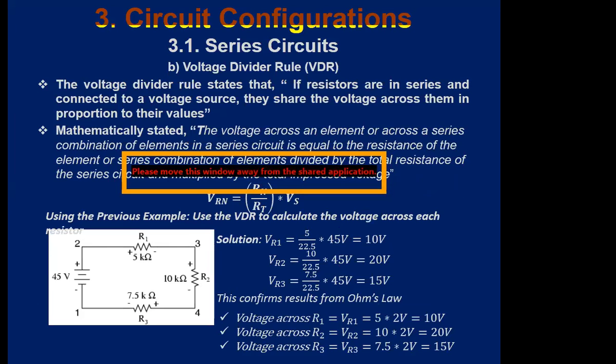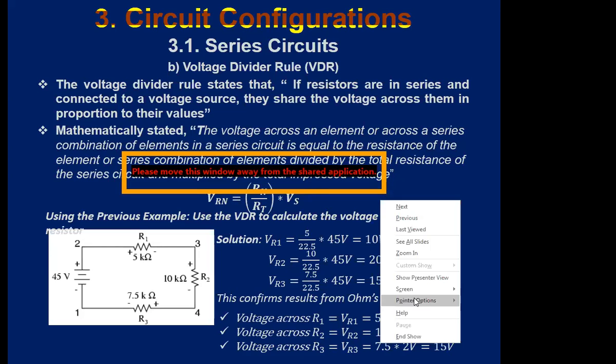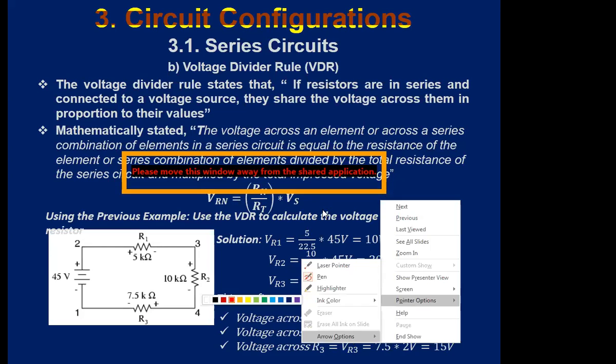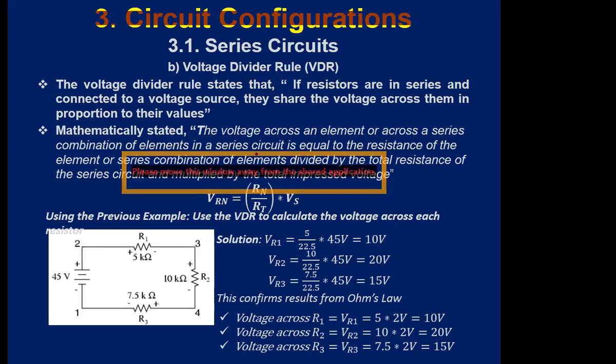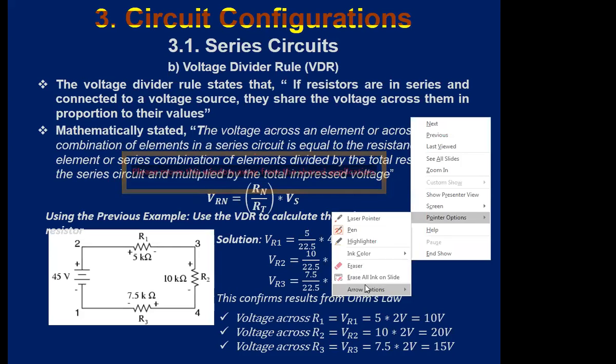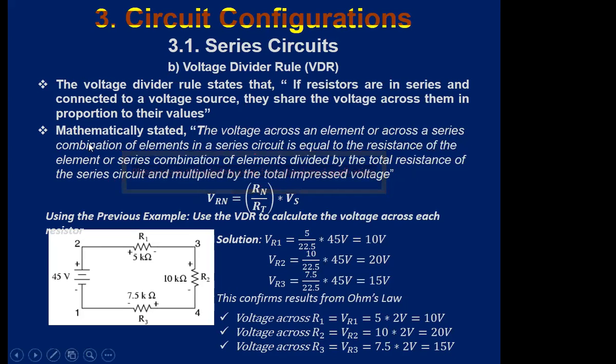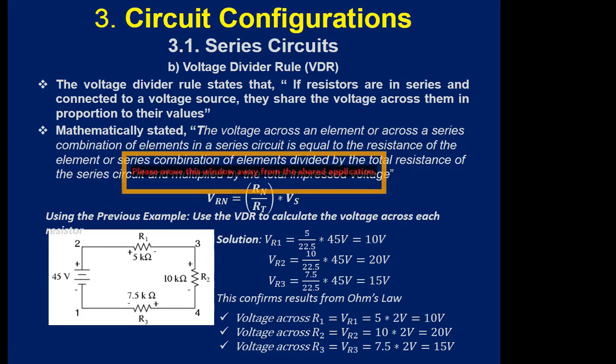Then there's also the voltage divider rule, which again applies to series circuits. So the voltage divider rule states that if resistors are in series and connected to a voltage source, they share the voltage across them in proportion to their values.